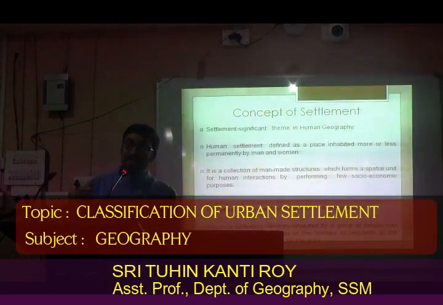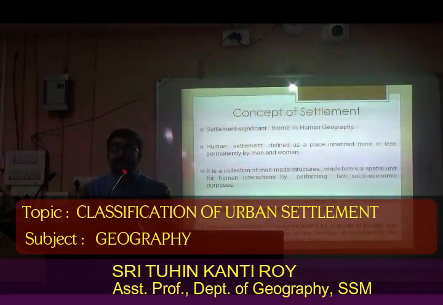Human settlement may be defined as a place where people inhabit permanently or semi-permanently. It's a collection of man-made structures, a man-made spatial structure. That means it's a spatial unit, and there's a purpose for the formation of such a spatial unit.